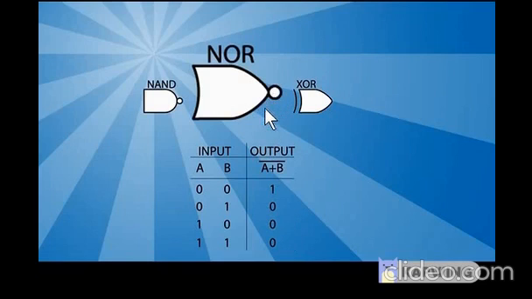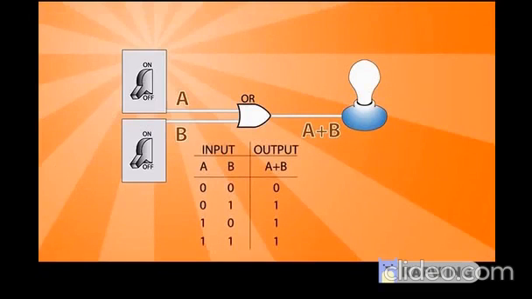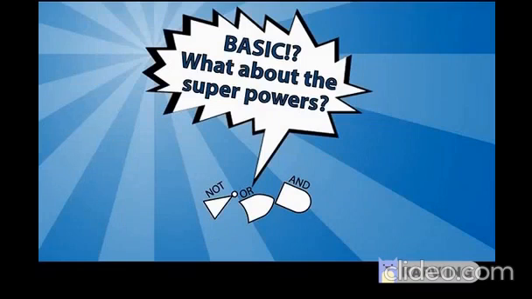In an OR gate, what was happening? Let me take you back to the OR gate. In OR gate, we learned that the output is high when any of the inputs is high, or even both the inputs are high, right? There are 3 ones and only 1 zero, when both inputs are low. But opposite to that, the NOR gate, which is basically (A plus B) bar, is opposite.